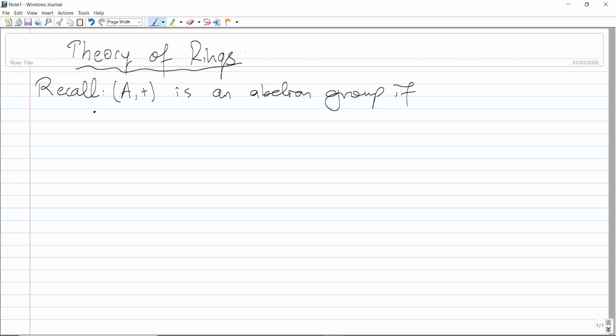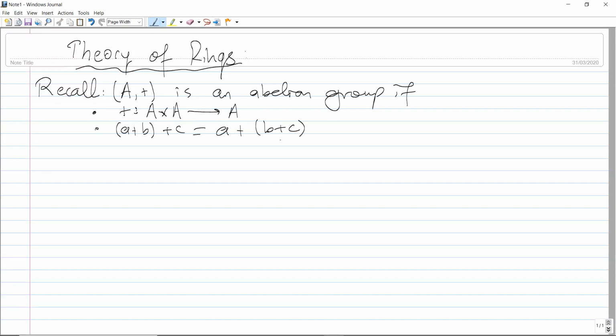The first thing is that this addition should be a binary operation, namely it should be a function from A cross A to A. Second, it should be associative. So (a + b) + c should be a + (b + c).